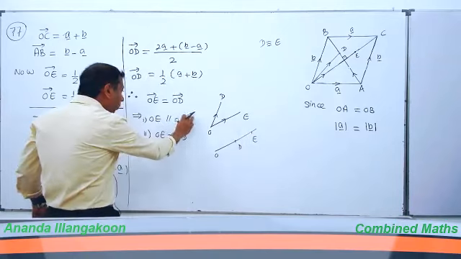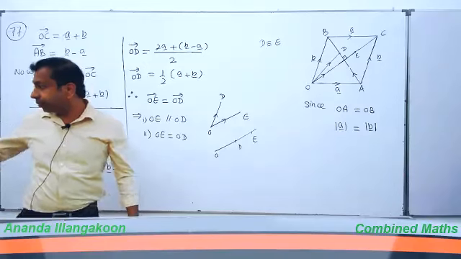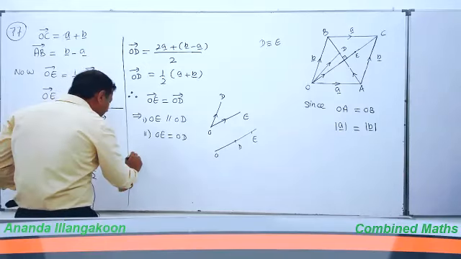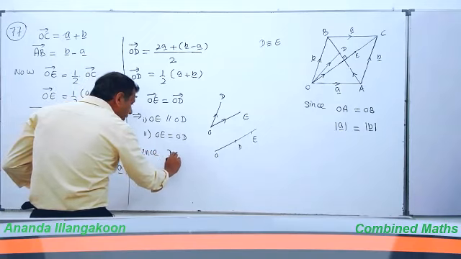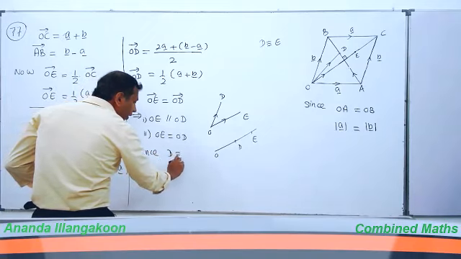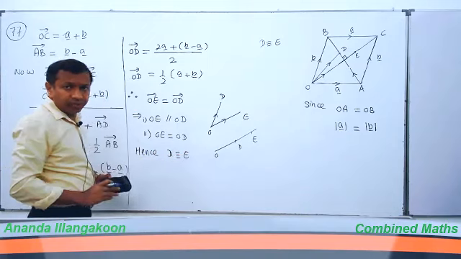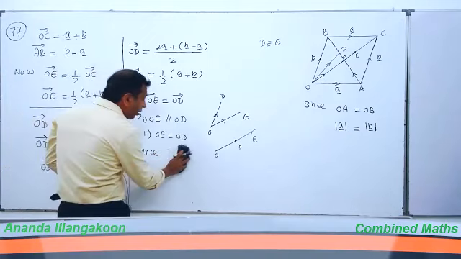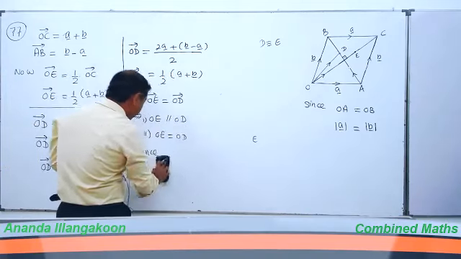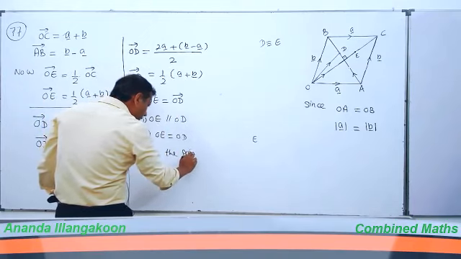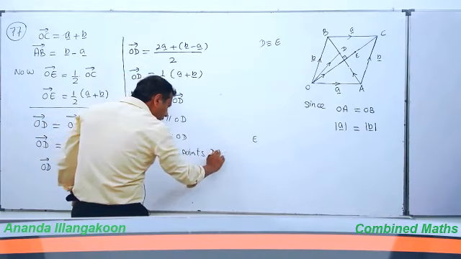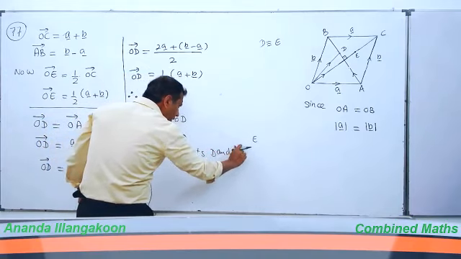And therefore, by these two results, you can see, hence, D and E coincide. D and E are coincident points.